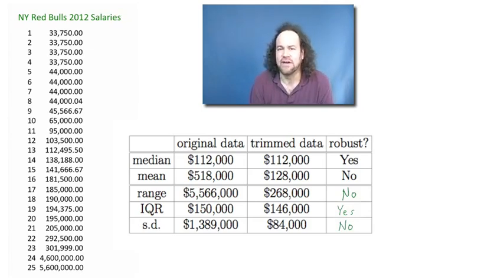So where does that leave us? We've now introduced 3 different ways of measuring the spread of data. First, we have the range, which is just the maximum value minus the minimum value. It's quite simple and often quite useful, but it's also not robust, and it's very sensitive to outliers or extremely large or small values.